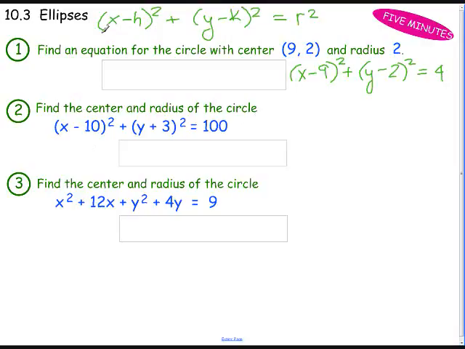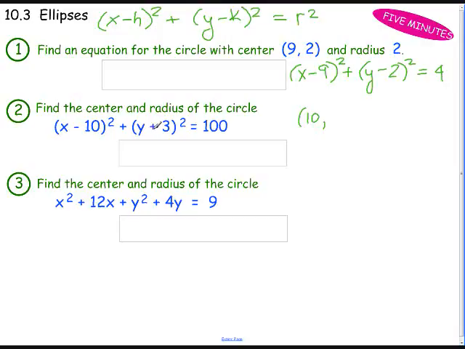This one, find the center and radius of the circle. If we are really familiar with this, we don't have any trouble. Minus whatever our h is. Well, minus a positive 10, so our center has 10 as its x-coordinate.